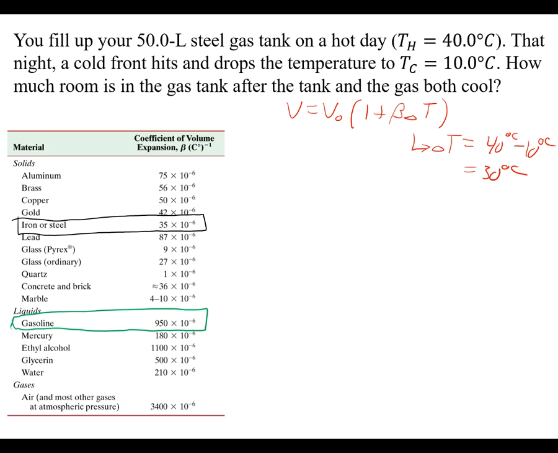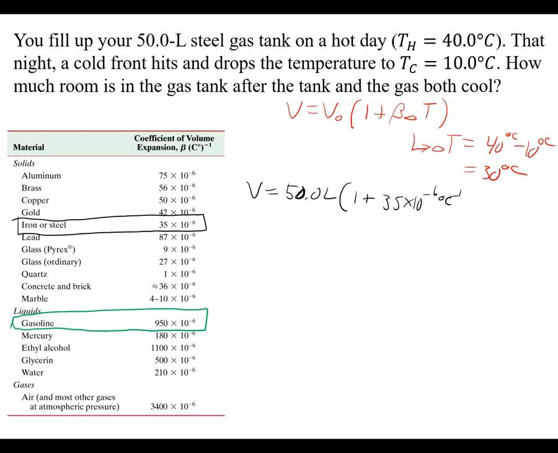Let's go ahead and do the tank first. And find that the final volume of the gas tank is going to be its initial volume, which is 50 liters, times 1 plus beta, which would be 35 times 10 to the minus 6 inverse degrees Celsius in this case.